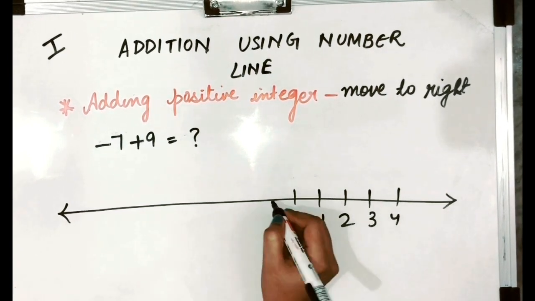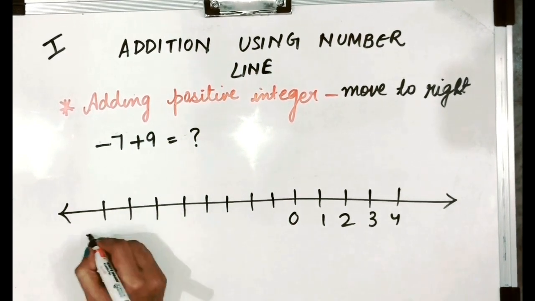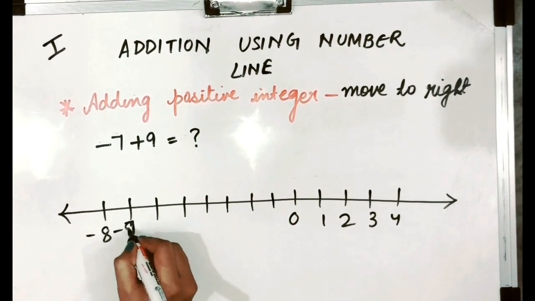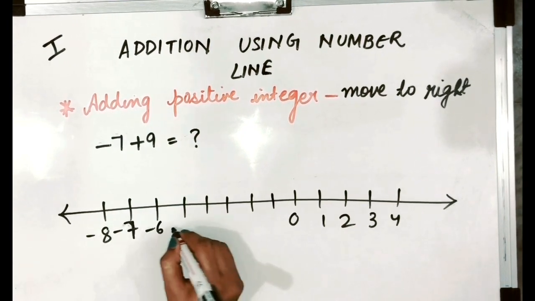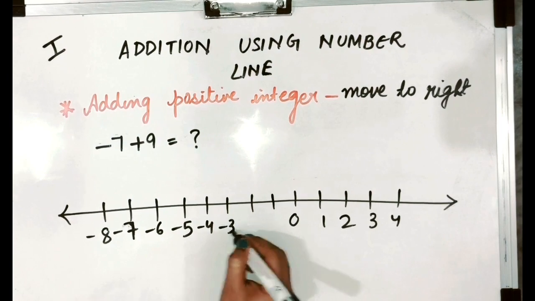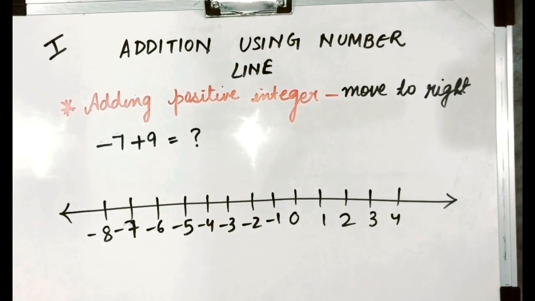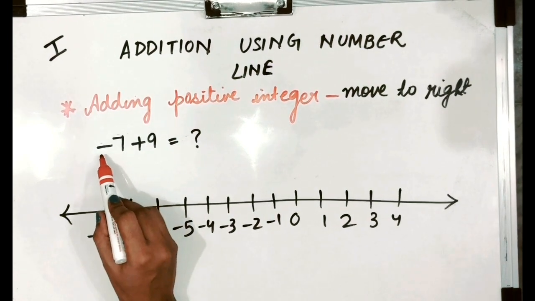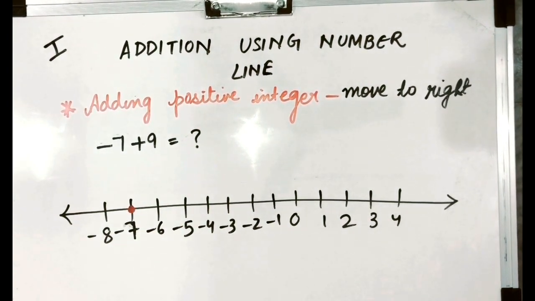These are the positive integers. And these are negative integers. Now we'll see what the question says. Question starts with minus 7, so we'll start from minus 7.